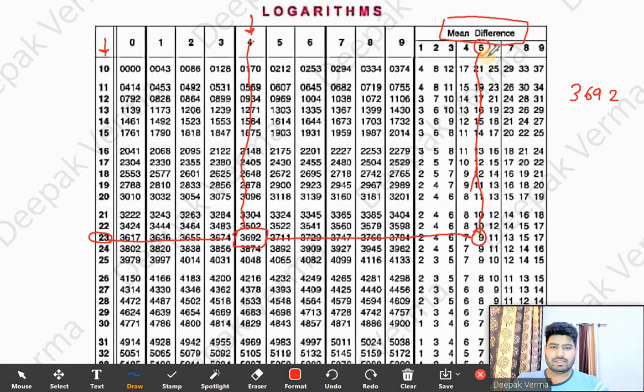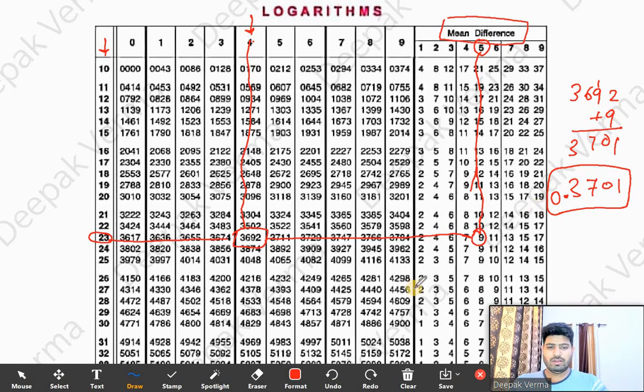In mean difference in column 5 corresponding to this row 23, you get 9. So we have to add this 9 in this number. So we get 2 plus 9, 11. Here we get 10, 7, 3. That is 3701. And we know that the outcome is 0 point something. So we will put a decimal here, like a point here. This is 0.3701. Hope it is clear.